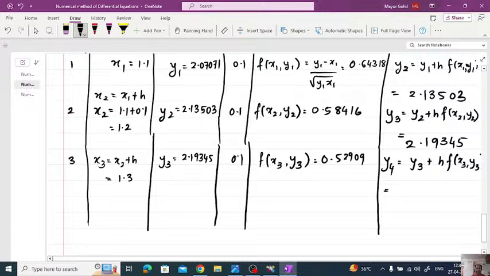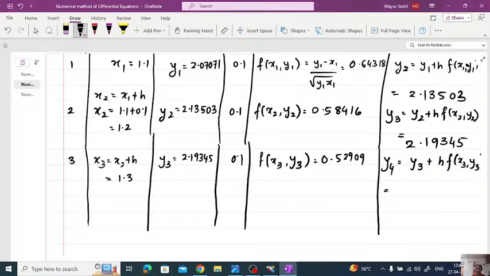Calculating the answer, you will get this answer added with 2.19345.